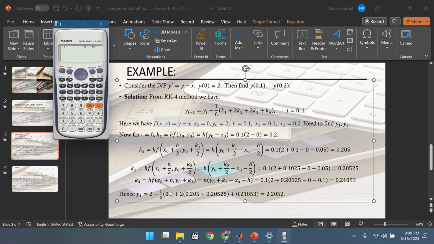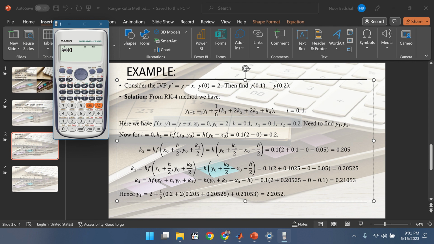Okay, so let me define A, B, C, D first. I'm going for A first. A equals, that is my K1, keeping in mind. So K1 is H, which I said I'll be using M for, and then I'll be using the function f of x y, which is y minus x.